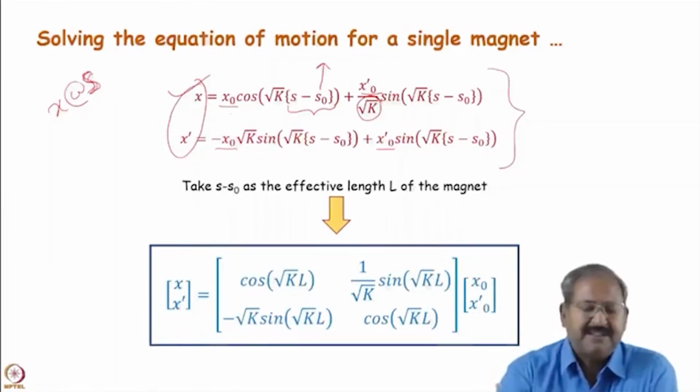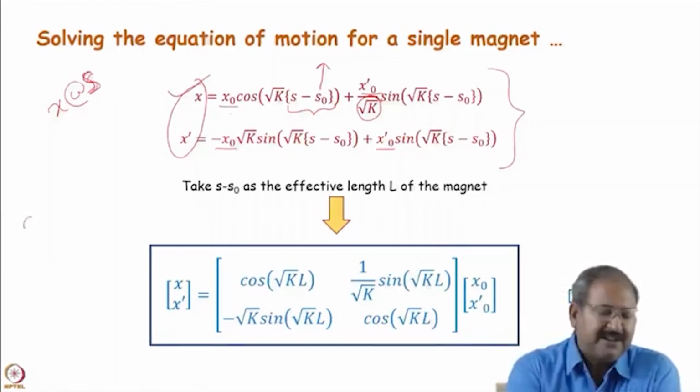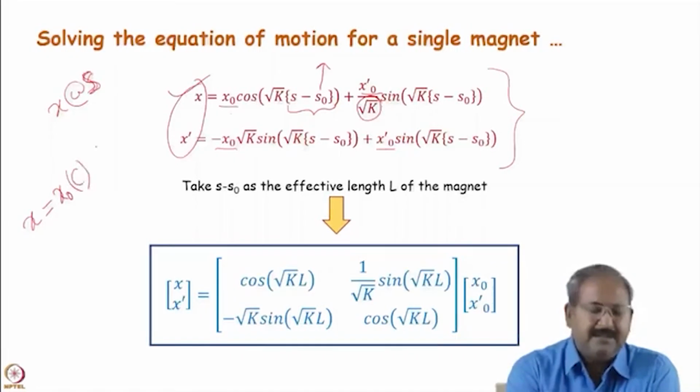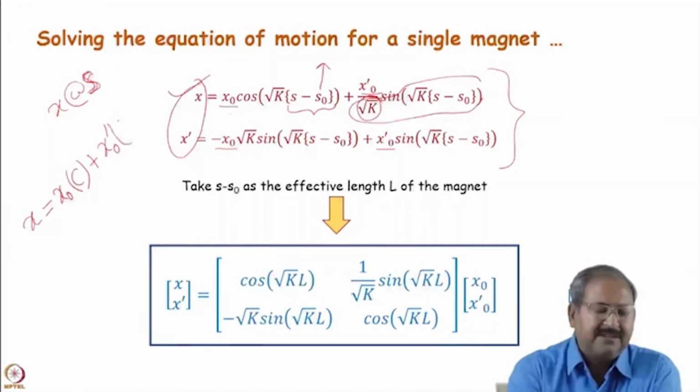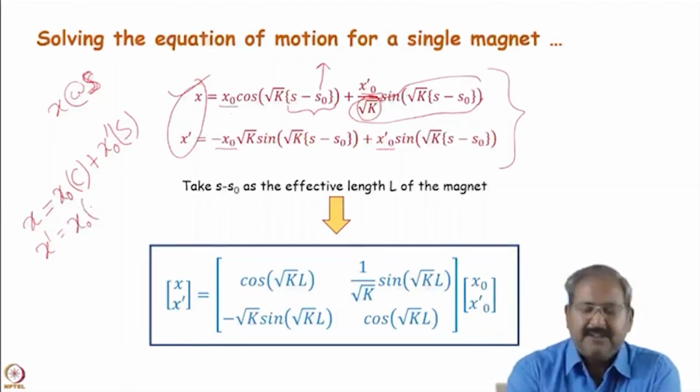So now you can see from here, we can write down x is equal to x0 and some term related with cos plus x0 prime and some term related with sine, and similarly x prime is equal to x0 with some term related with sine, plus x0 prime with some term related with cos.